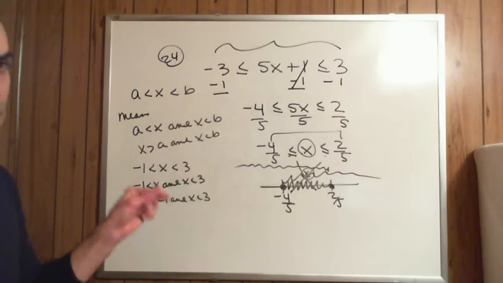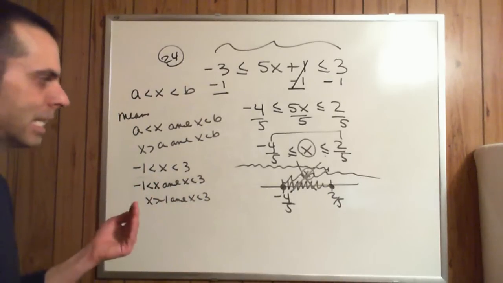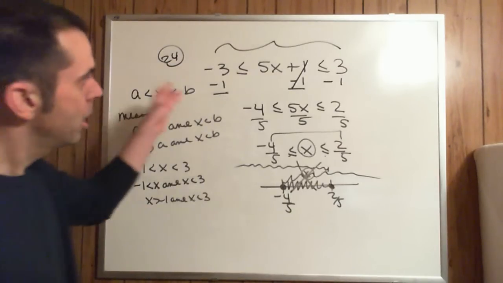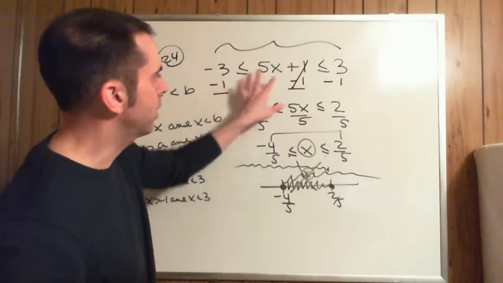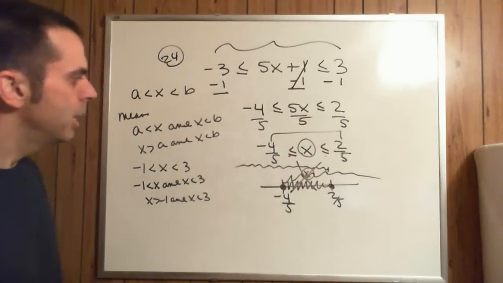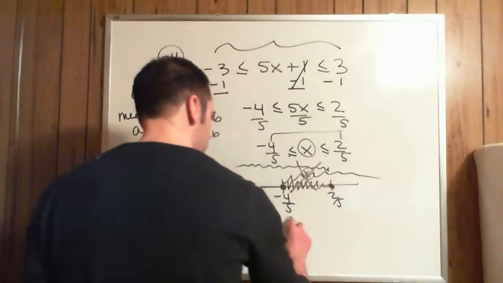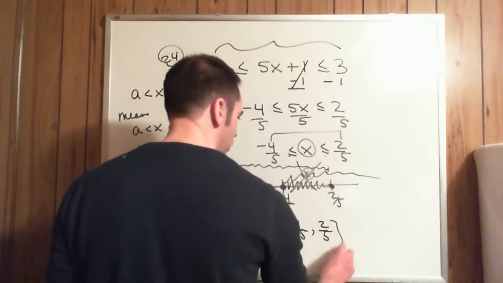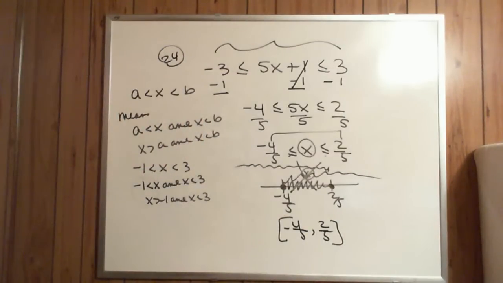So the bottom line is you just subtract the 1 from all sides to get the x by itself, then divide. Using interval notation, it would be a bracket at negative 4 over 5 and a bracket at 2 over 5. That would be the answer using interval notation.